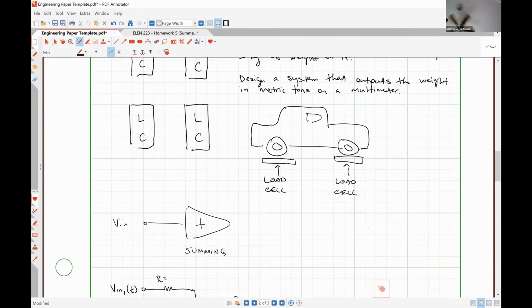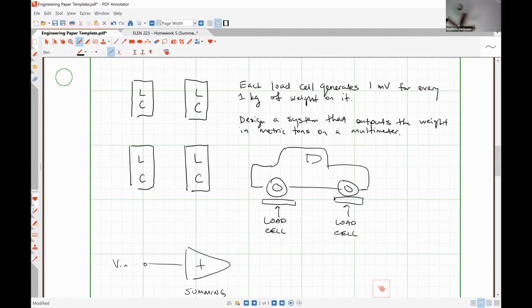So now let's talk about our component values. Our load cells generate 1 millivolt for every 1 kilogram of weight. That's what it says literally right here.